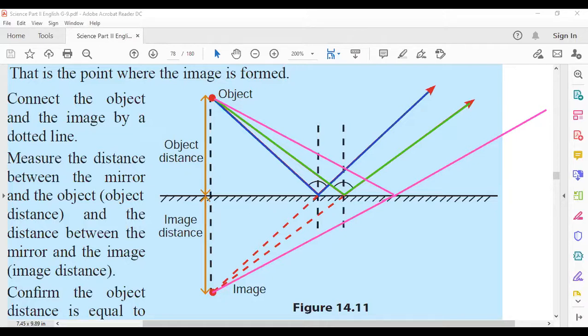They will ask you to identify the object, identify the image, identify the object distance, identify the image distance, and they might ask you what is the connection between the object distance and image distance. Can you answer those questions? Okay.